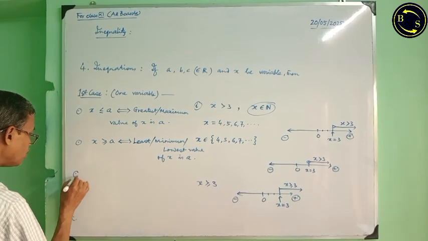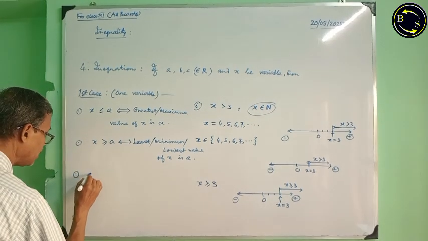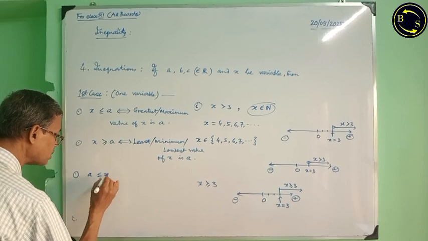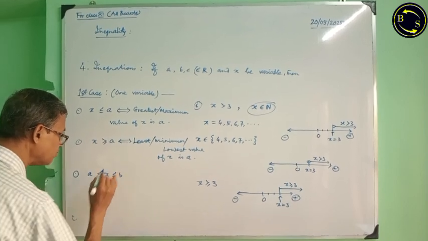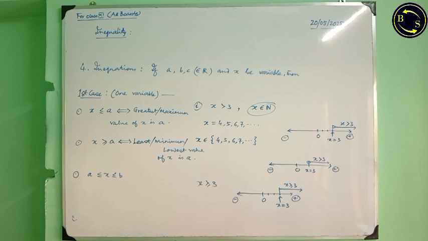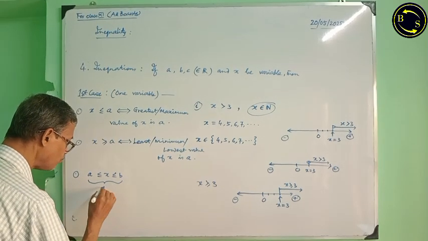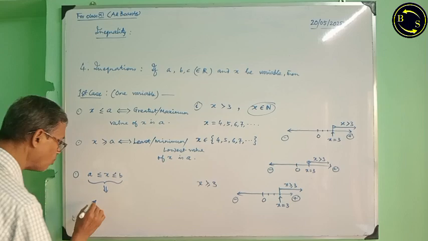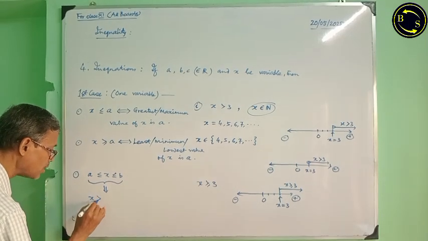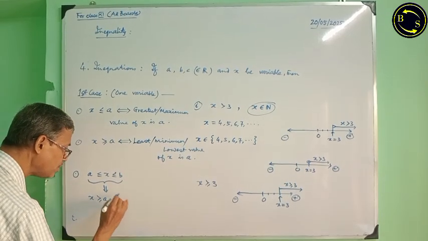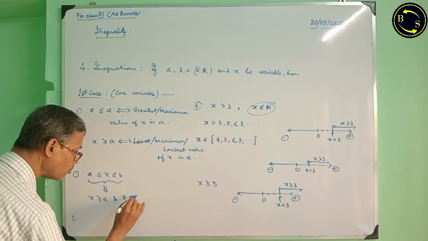Then we have a less than or equal to x less than or equal to b. Now it has two parts. The one is x is greater than or equal to a and x is less than or equal to b.